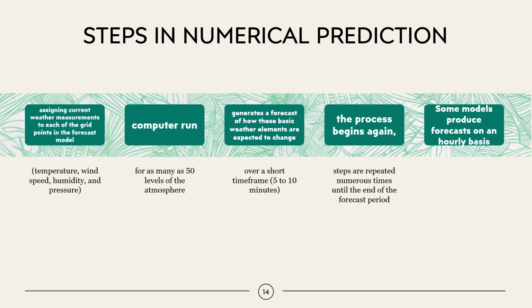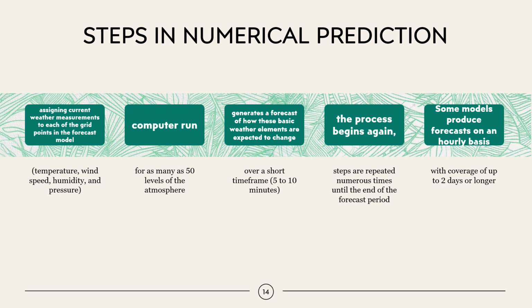Some models produce forecasts on an hourly basis, out to perhaps 12 hours, while other models generate forecasts every 6 hours with coverage of up to 2 days or longer. And to add up, using various mathematical models, the National Weather Service of the United States produces a variety of forecast charts.